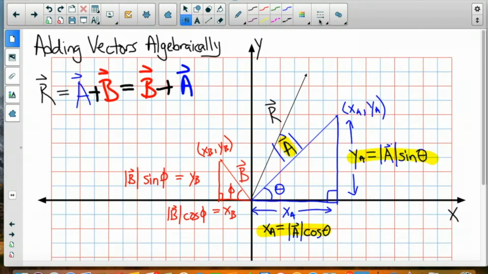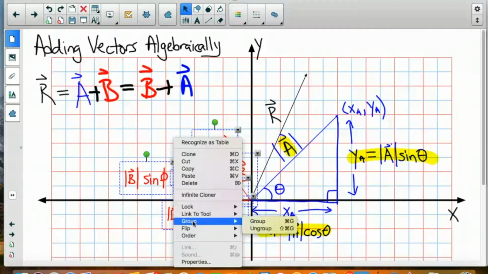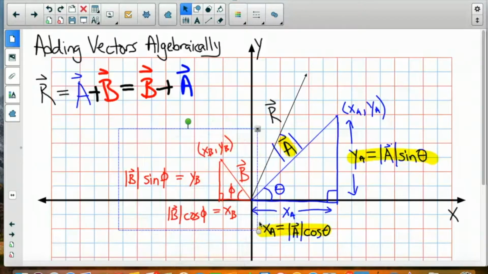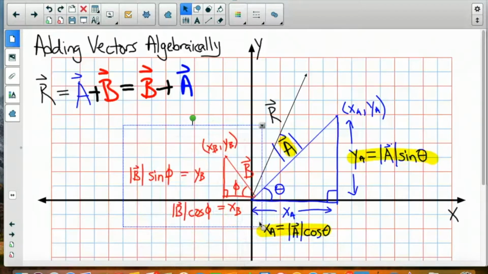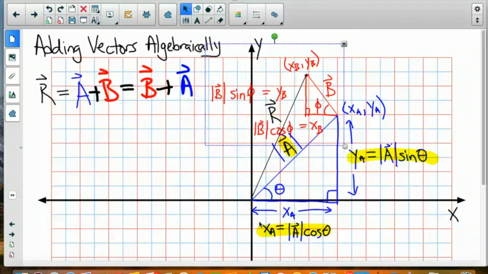Okay, fair enough? Well, if I group all of that and move it tip to tail to get my resultant vector, what am I doing?